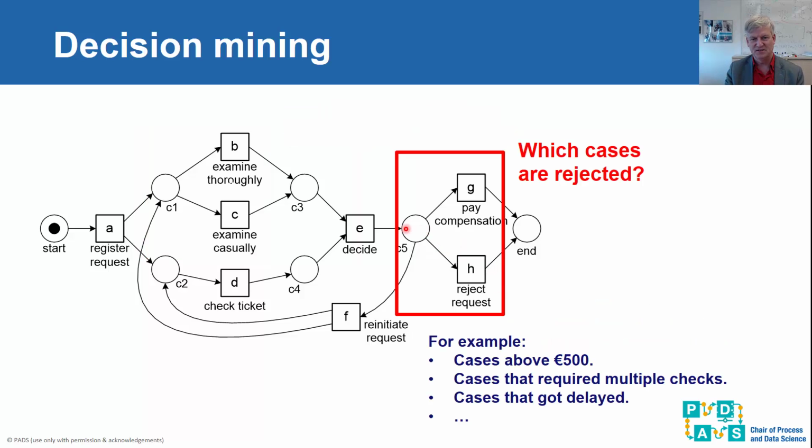So in the Petri net, these are places with multiple output arcs. So this is another decision point, and we can again generate these situations corresponding to instances, and then, for example, find out that cases above 500 euros typically get rejected.